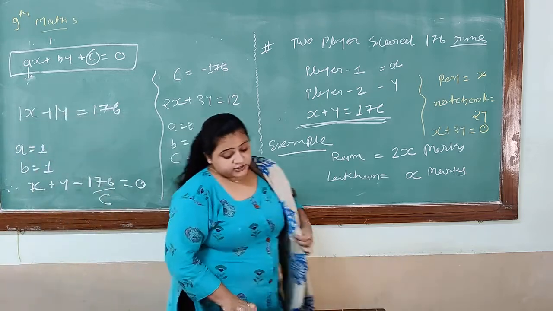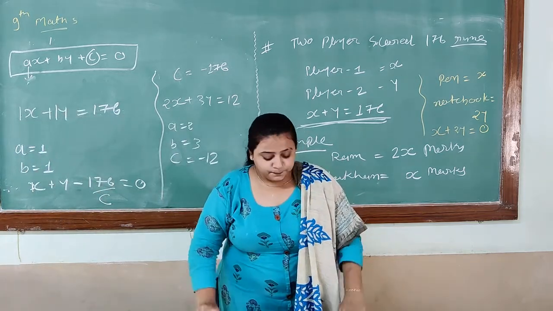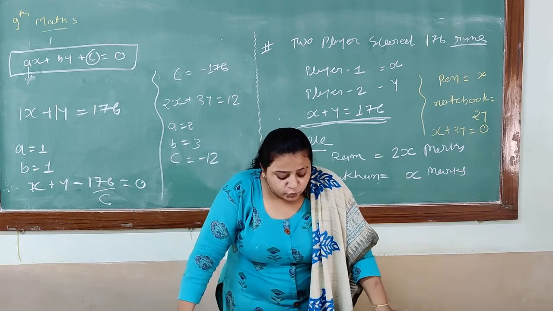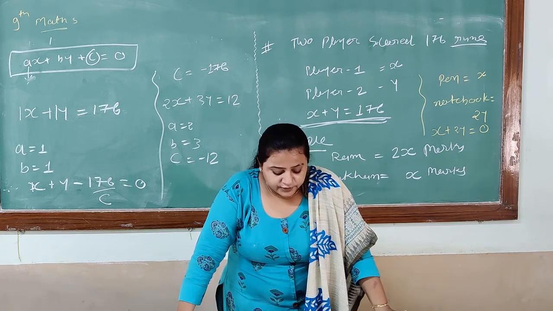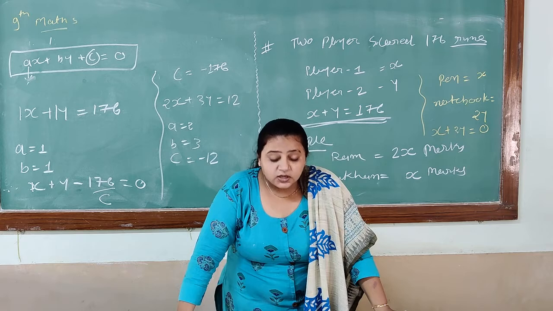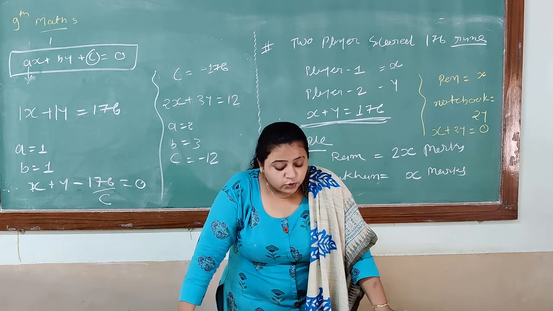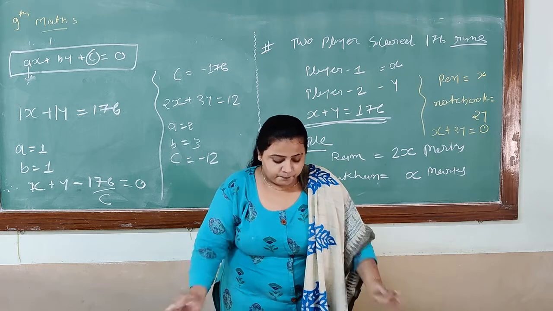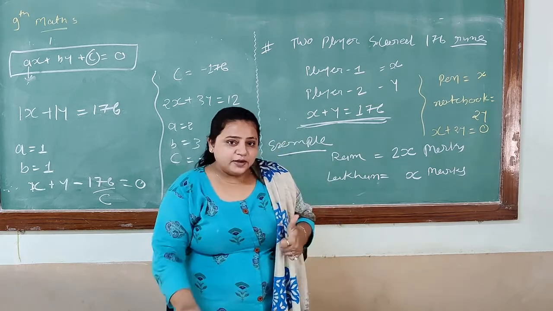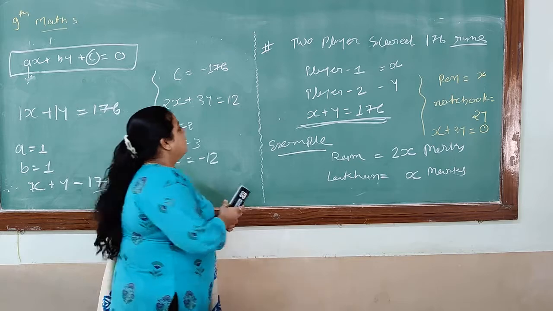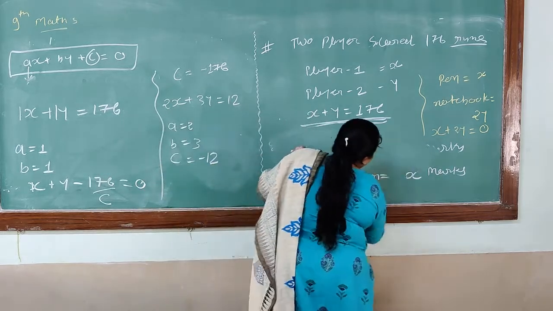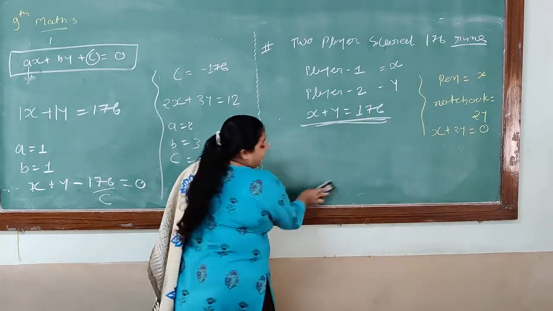Let us see one more example from the exercise 4.1. Express the following linear equation in form of ax plus by plus c equals to 0 and indicate the value of A, B and C. I will solve only one example over here. Other you have to do by yourself in your pen. Right?